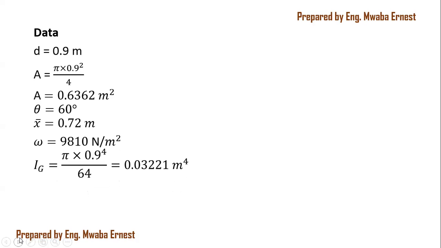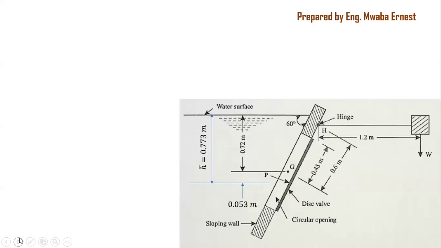Then I, the moment of inertia, second moment of area about the center of gravity, is normally pi d to the power 4 over 64. So pi times 0.9 raised to power 4 over 64. When you enter this in your calculator, you're supposed to get 0.03221. Now let's get back to the working.